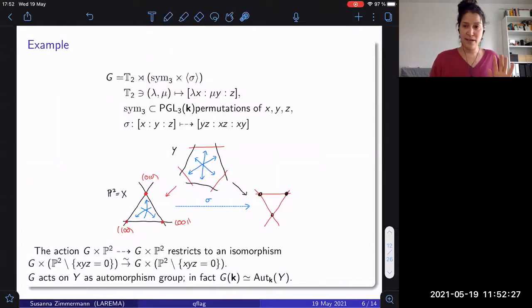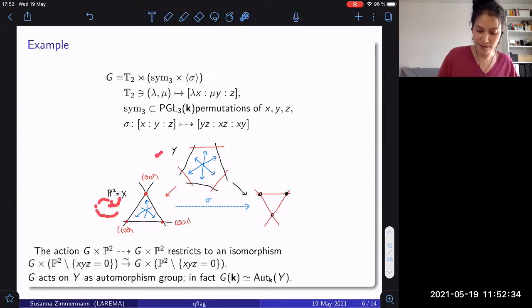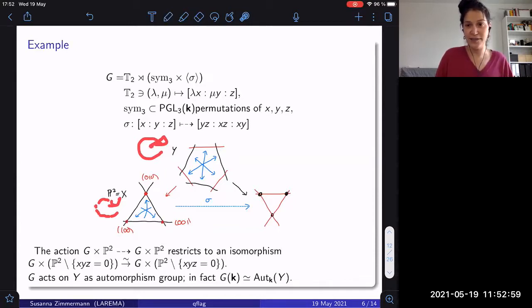And in fact, you can lift this whole group G to Y, and here everybody acts as an automorphism, because the torus and the symmetry group preserve the set of red points that we blow up, so they lift to automorphisms of Y, and sigma acts as an automorphism on Y, but not on P2. On Y, it just exchanges the curves in the hexagon.